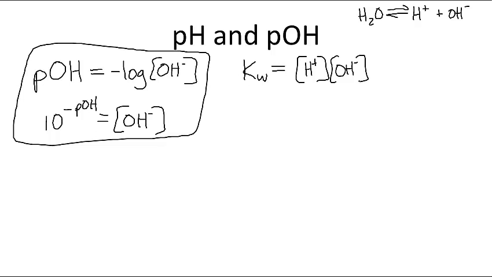And it turns out that at room temperature, this happens to equal 1.0 times 10 to the negative 14th, which means we can do a little logarithmation to both sides.